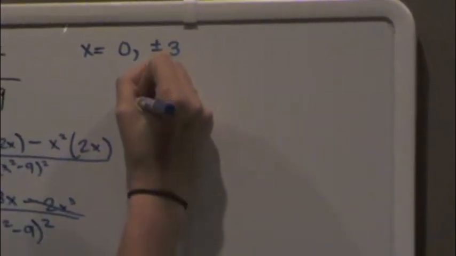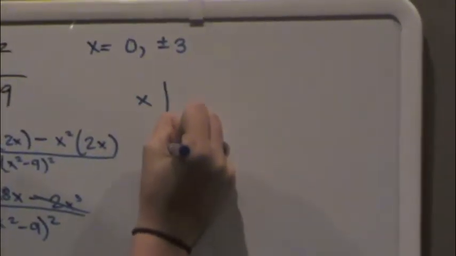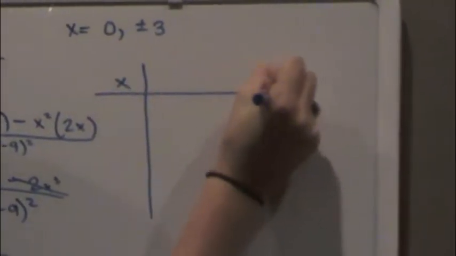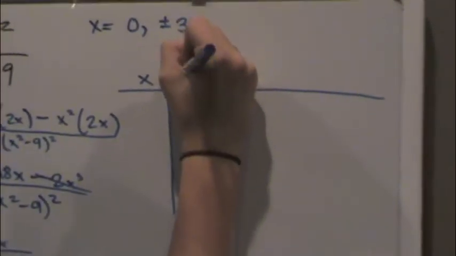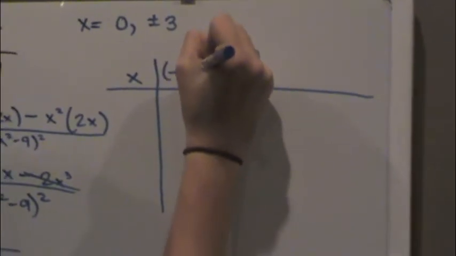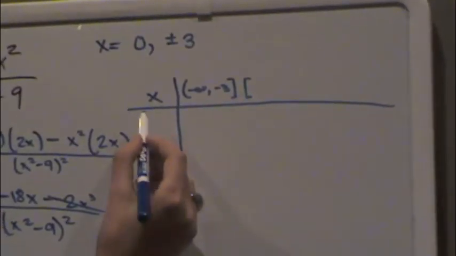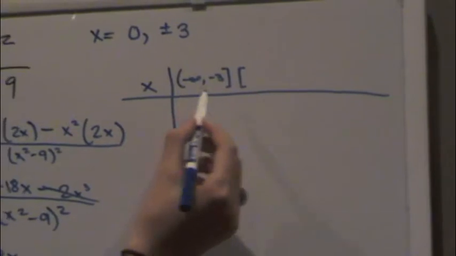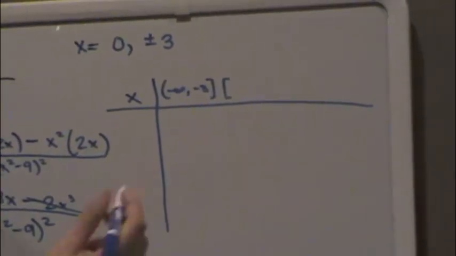So your regions are formed in the sign chart. So you do negative infinity to negative 3. The x is going to be the value that you're plugging in within each region.